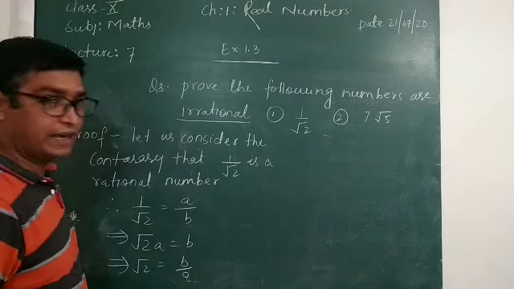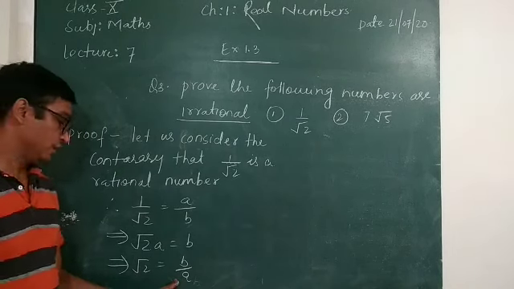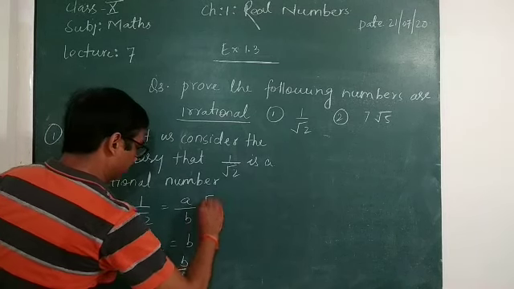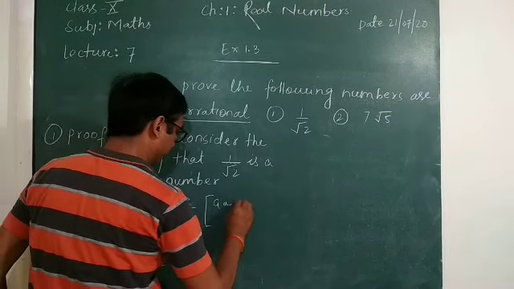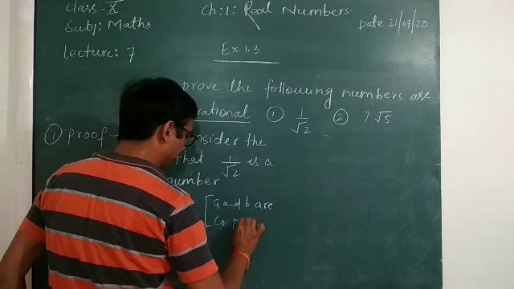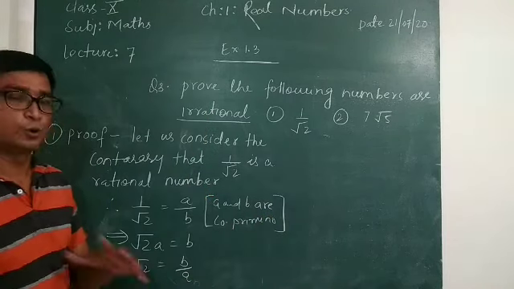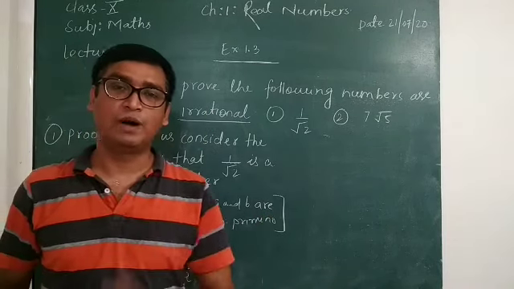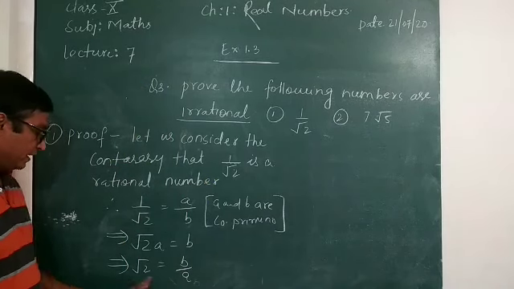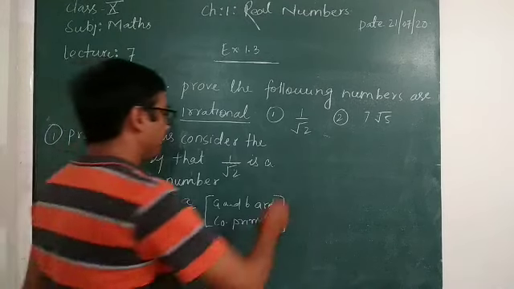Here b by a is in the form of p by q. So here we can write that a and b are co-prime numbers. Co-prime numbers, I have told you, are numbers whose HCF is 1. So here it is very clear that root 2 can be written in the form of p by q.